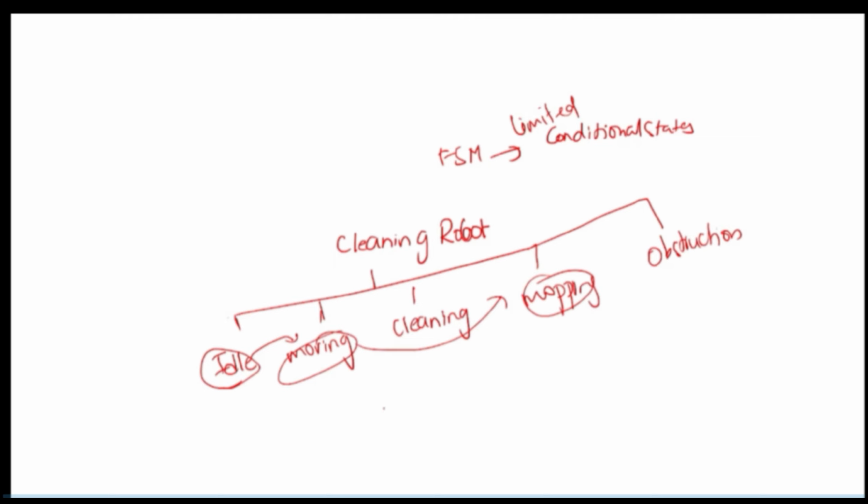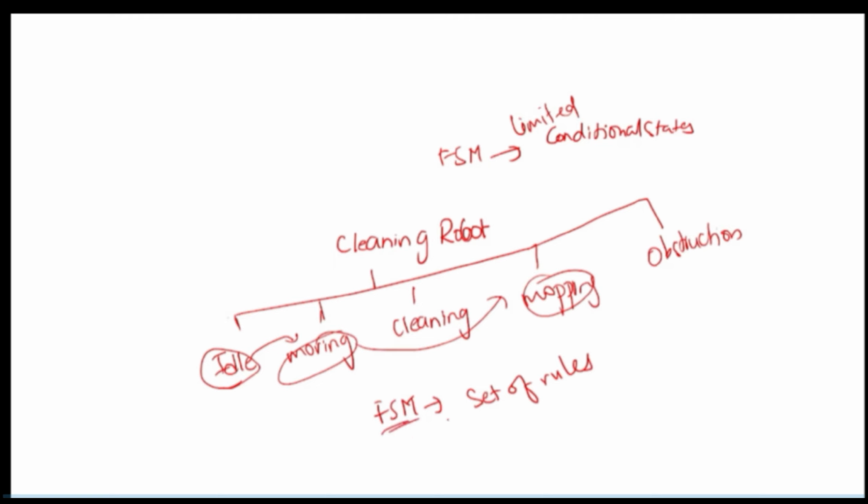So these conditions are nothing but FSM. We can simply call FSM a set of rules which make the robot decide which work to do, or from which state it should go to another state. So all this comes under FSMs.